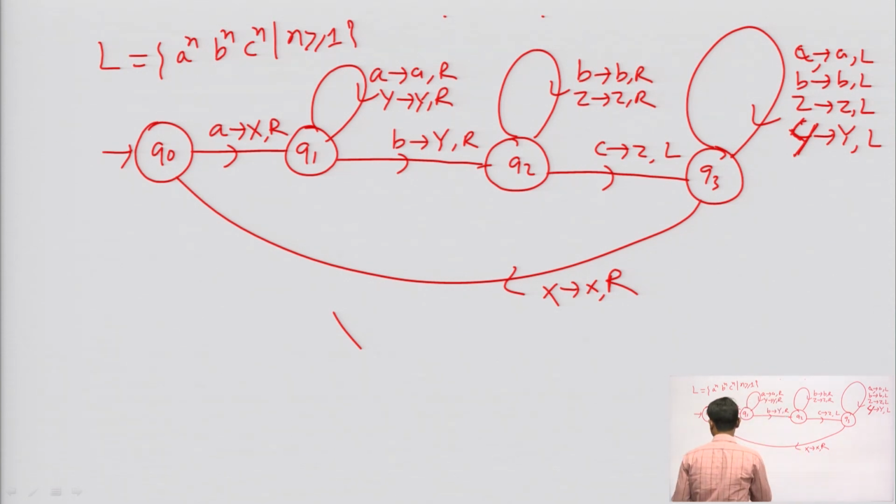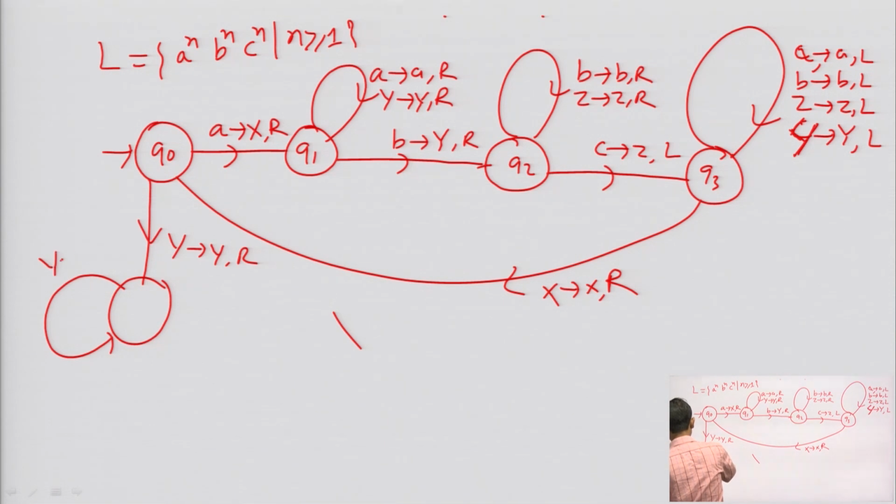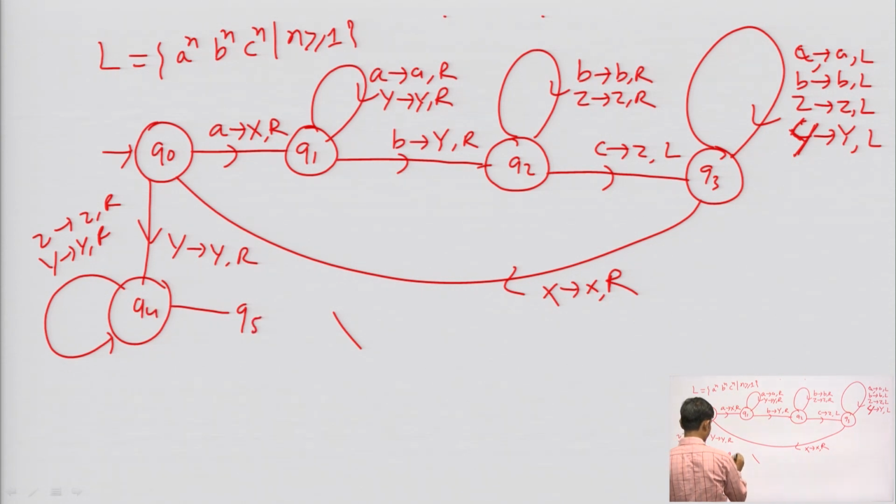Then after this, y, y R, then y, y R, then z, z R, then this is q4, and q5 is the final state. This is blank, blank R. This is the final state.